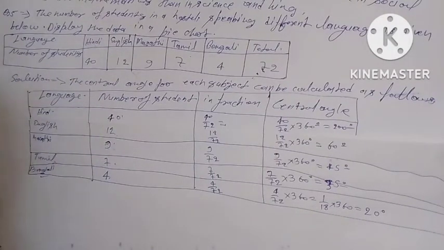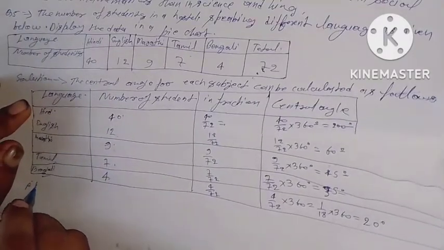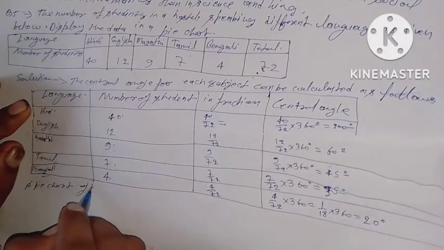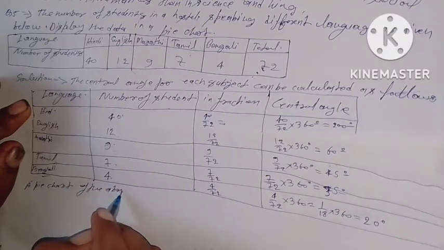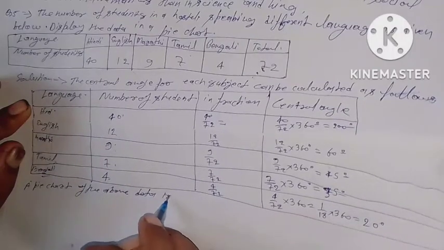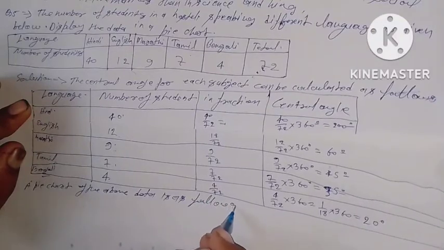Okay. A pie chart of the above data is as follows.